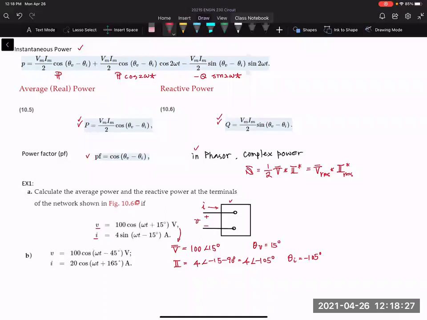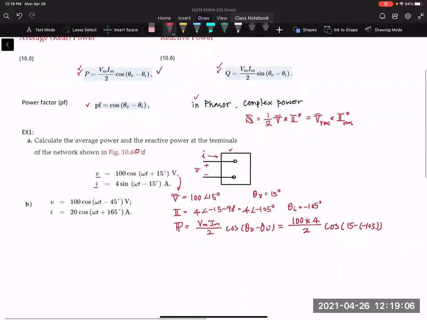Now, how do I find my real power? Well, for the real power, I have an equation here, which is V sub m, I sub m divided by 2 times cosine of theta V minus theta I. What is V sub m? V sub m is 100. I sub m is 4, divided by 2, and cosine of 15 minus negative 105.